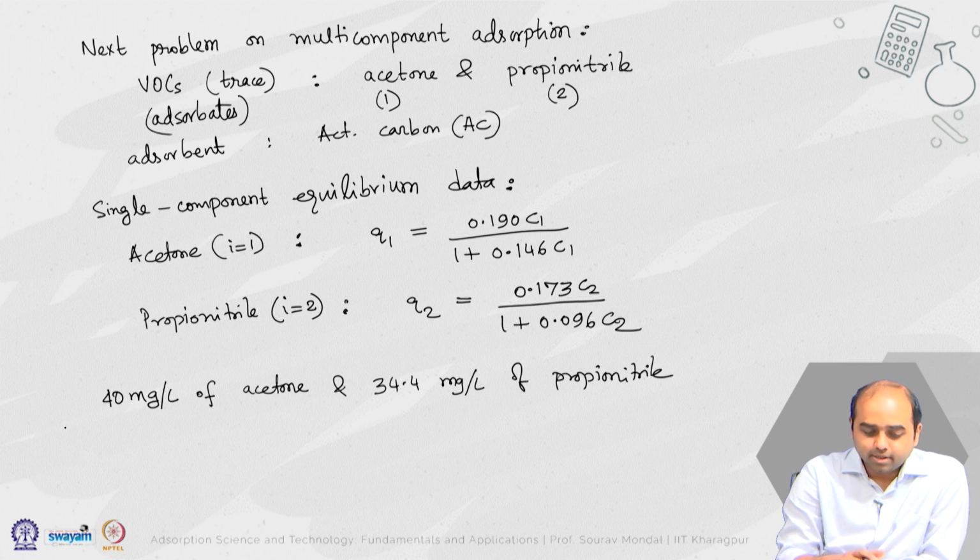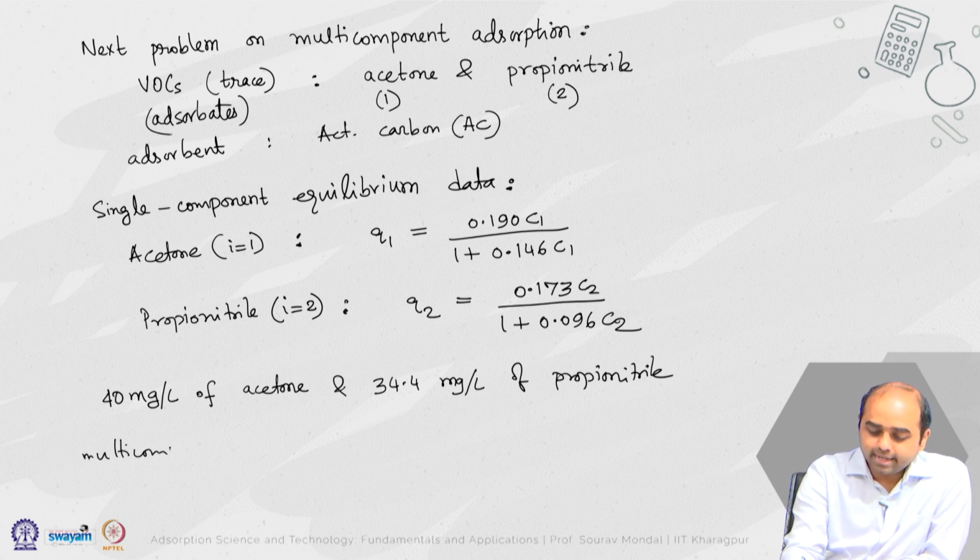Can that be obtained and can that be compared? So now this is a problem where you have a binary solute system, and their individual capacities are known to us. So we have to use the multi-component Langmuir model in this case.